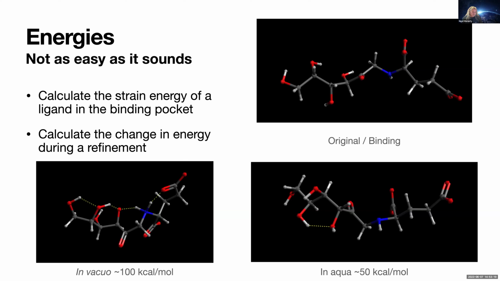If you do it with a solvent model, I just use EPS equals 78. It reduces the number of hydrogen bonds and also changes the energy quite a bit. So that is something that I'm still investigating, because it's not completely straightforward how to evaluate the strain energies.